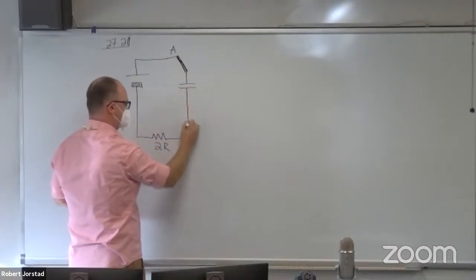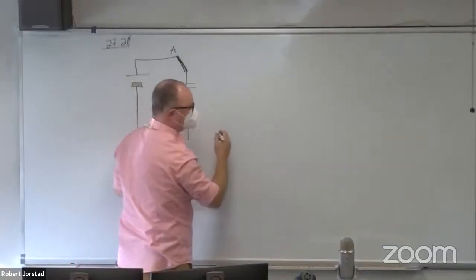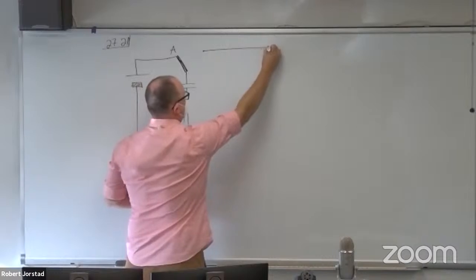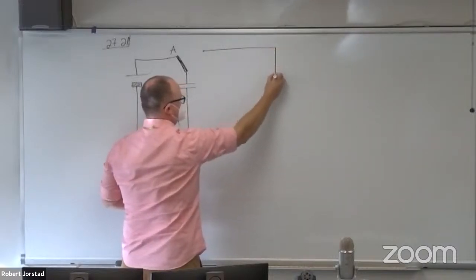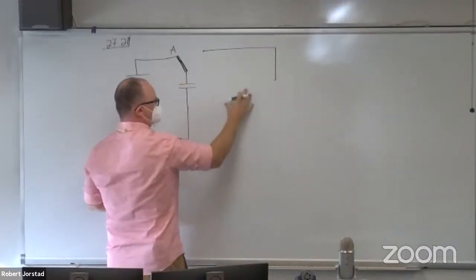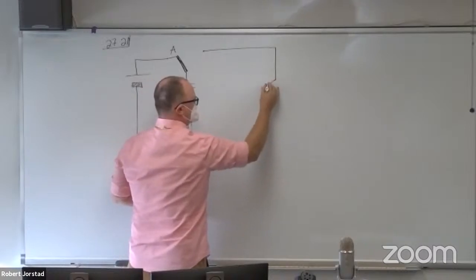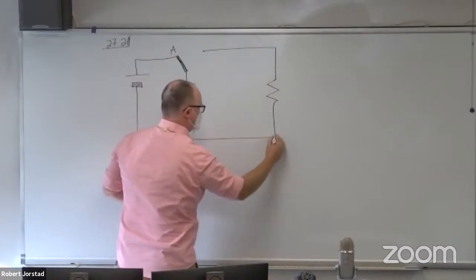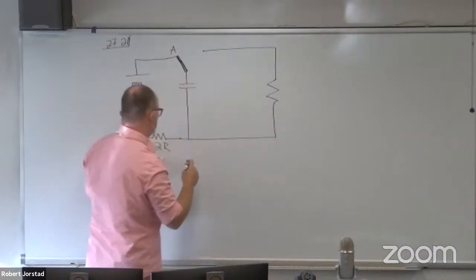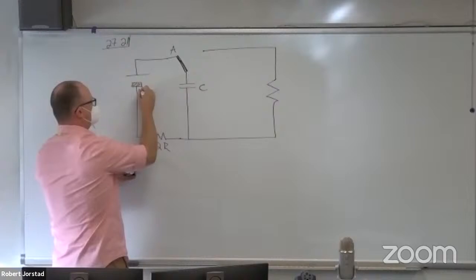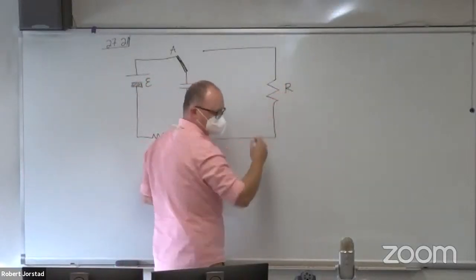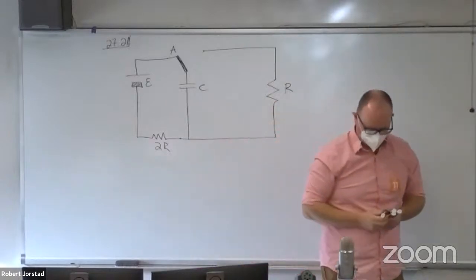That's it. And then over in this other branch, give ourselves a little bit of space there. Now we have room to write in here. And let's see, this is 2R, this is C, this is the battery, so I'm going to assume that's E, and this is just R, right? Okay.